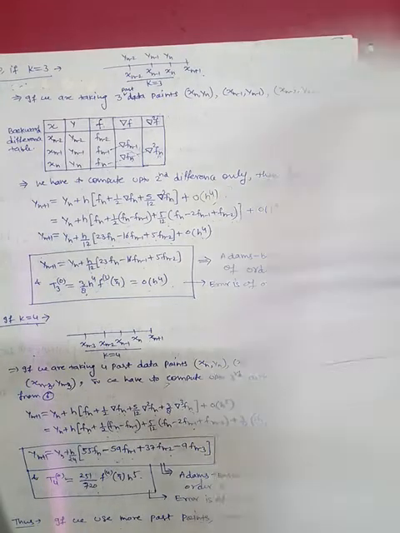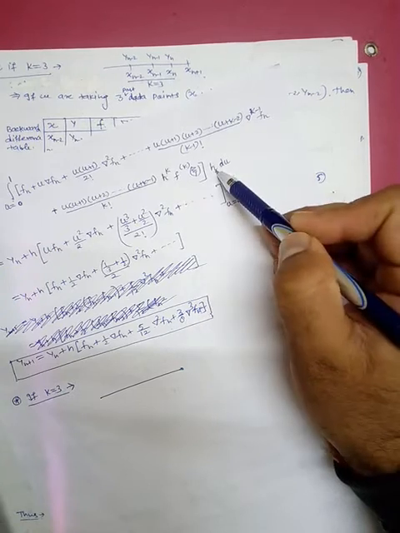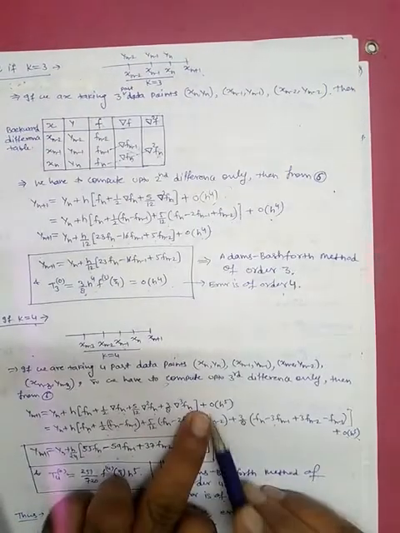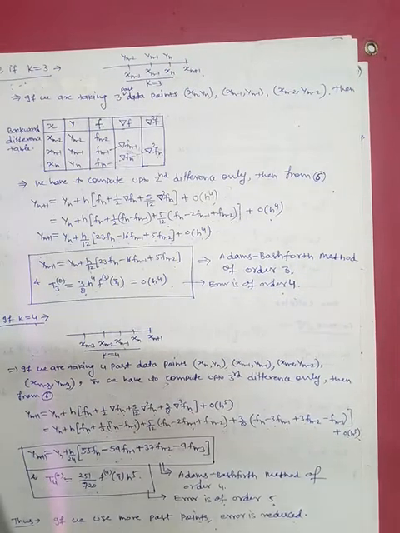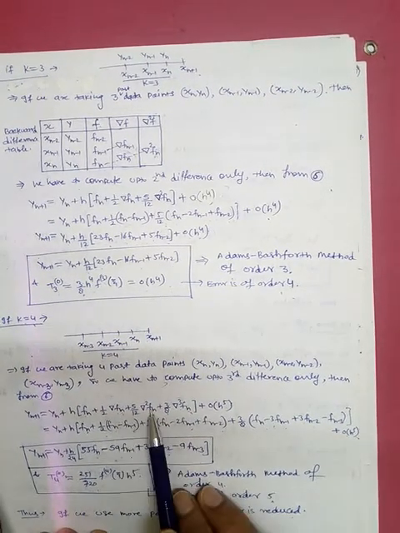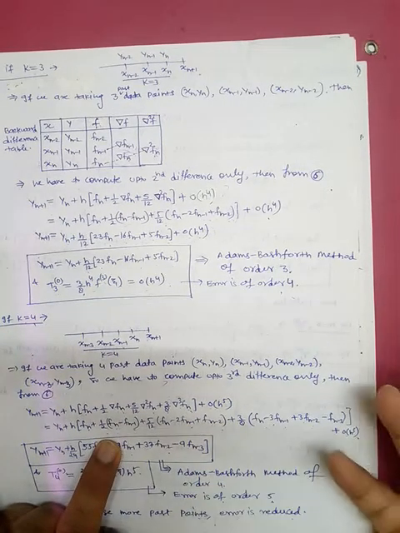In the last term we put k is equal to 4, so h raised to the power 4 multiplied by h, so h raised to the power 5. So the last term is basically order of h raised to the power 5. Okay, again replace the values of these differences, first order, second order, third order, and obviously we know that these differences follow the binomial expansion.